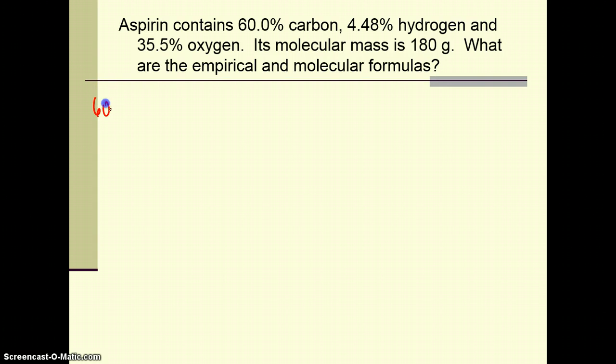So again, 60.0 grams of carbon times 1 mole carbon over 12.01 grams of carbon equals 4.99 moles of carbon.